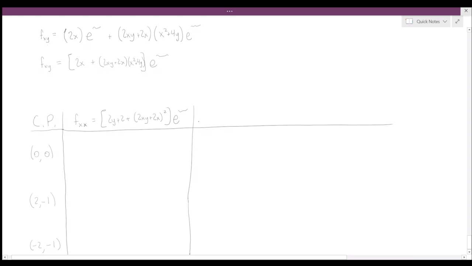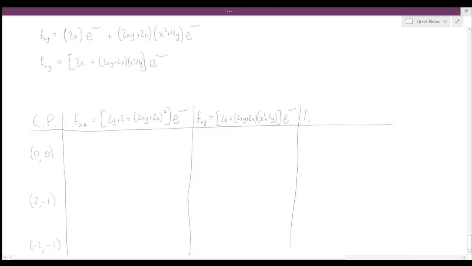Okay, so fxy. So that was 2x plus 2xy plus 2x times x squared plus 4y times the exponential.